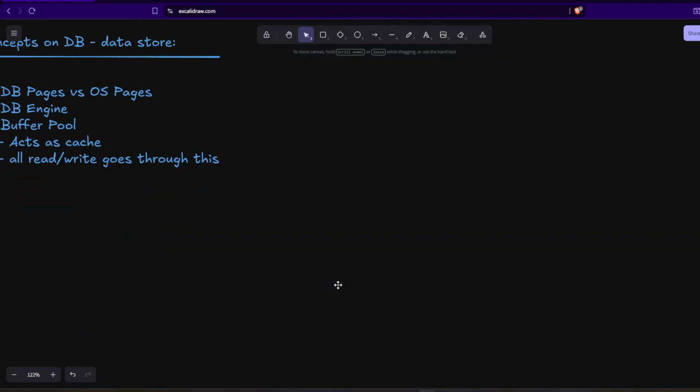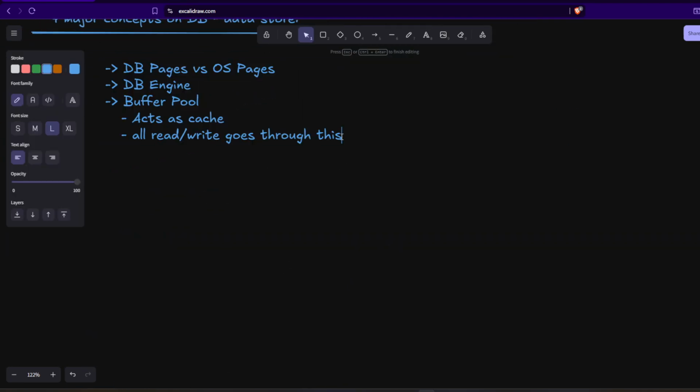Okay, so let's write it in a more formal way. All reads and writes go through this. In case a page is not in memory or in the buffer pool, it is fetched from disk, as we have seen, and loaded into the buffer pool.